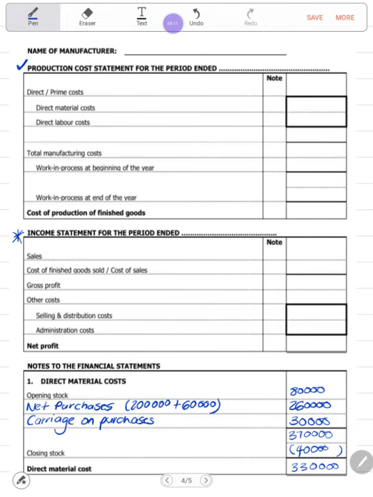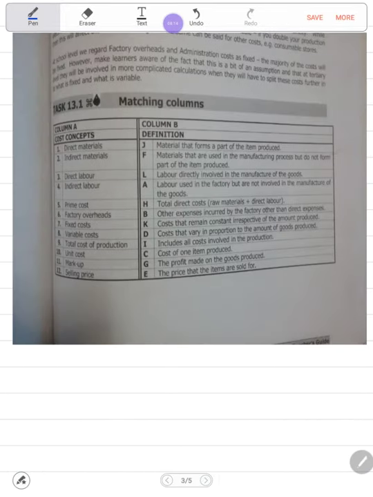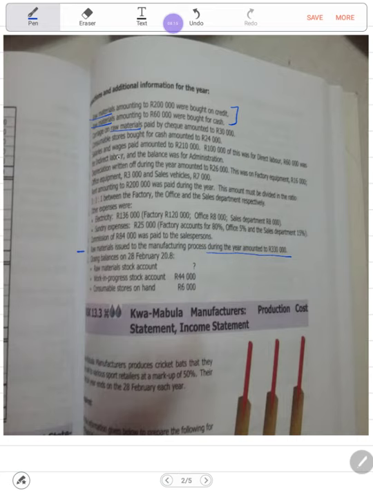Remember, direct labor is the actual people who are working with the product, who are directly involved in manufacturing this product, the bicycles. So again, what are you going to pay them? You are going to be paying them factory wages. They are working in your factory, and there will be a calculation. Let's go and have a look at the adjustments.